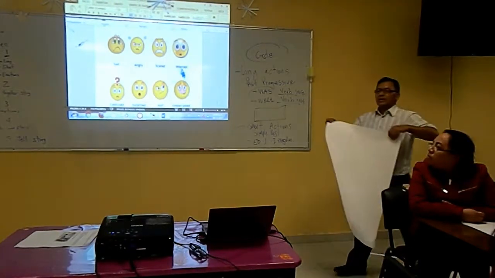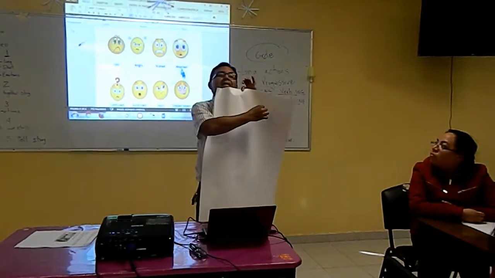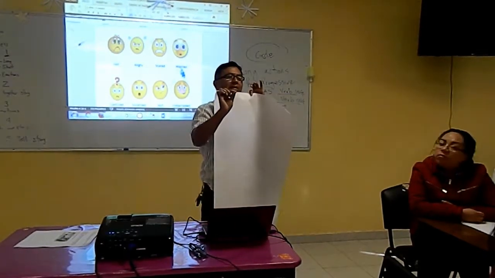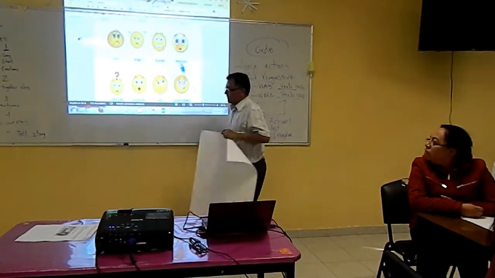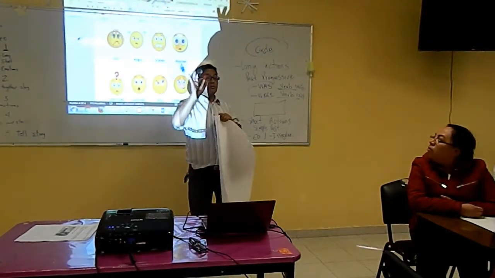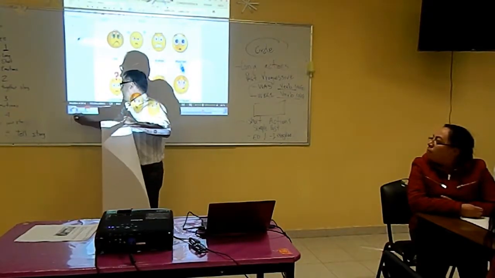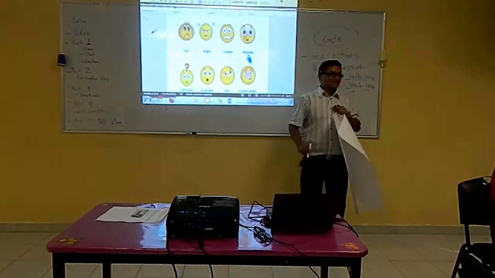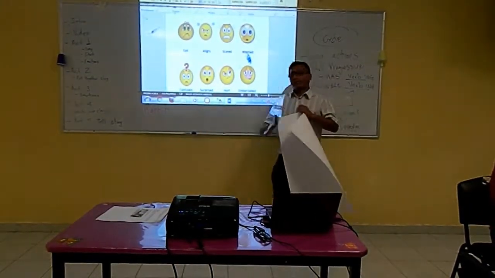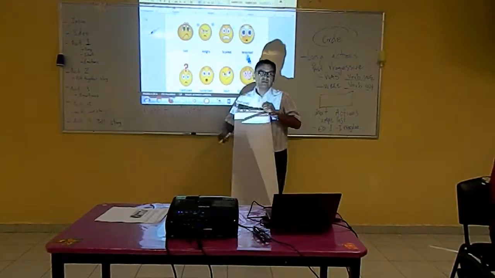On the piece of paper that I gave you, please write a short story. For that, I will give you 5 words that you need to use in your story. Word number 1 will be rabbit. Okay? Word number 2 will be turtle.